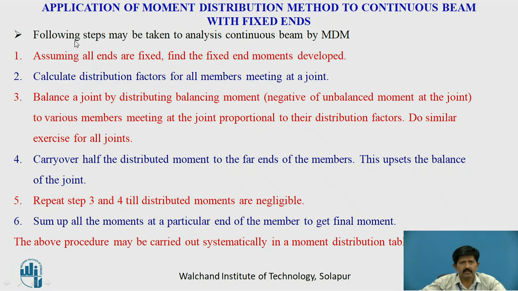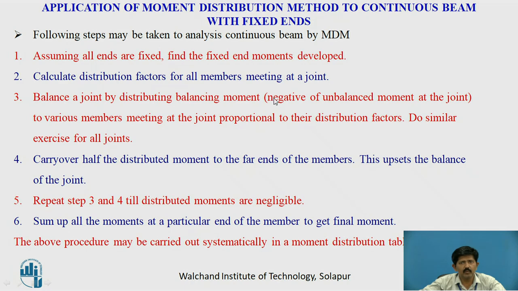Now, these are the steps to be taken to analyze a continuous beam by moment distribution method. Assume all ends are fixed and find the fixed end moments developed for each span of the beam. Calculate distribution factors for all members meeting at the joint, and balance a joint by distributing the balancing moment.